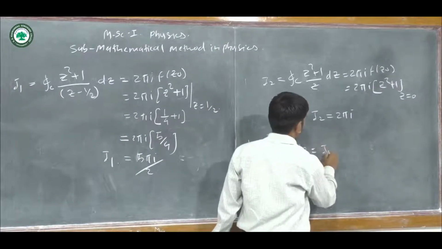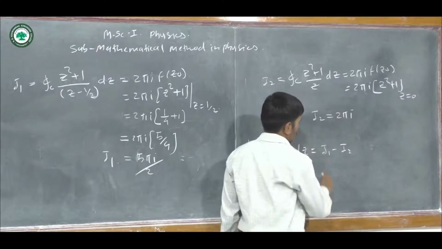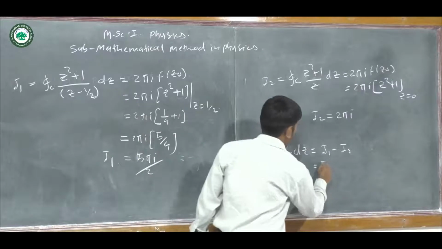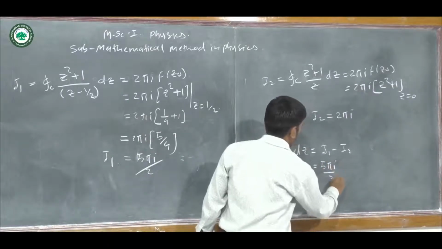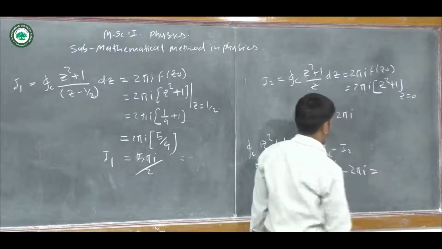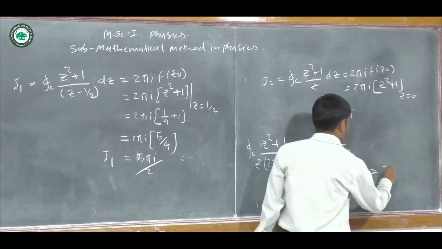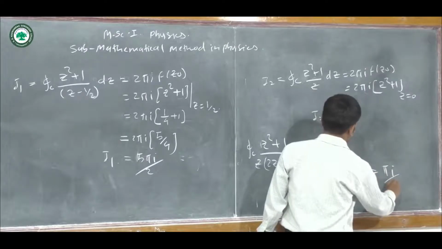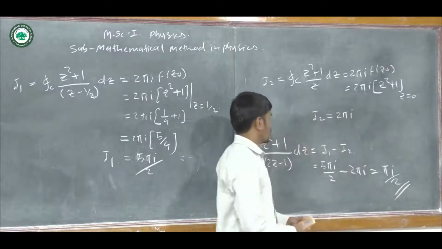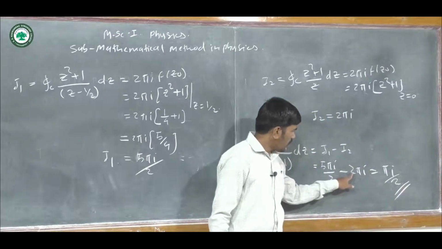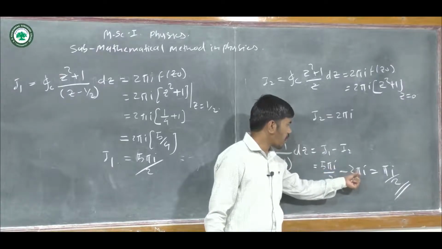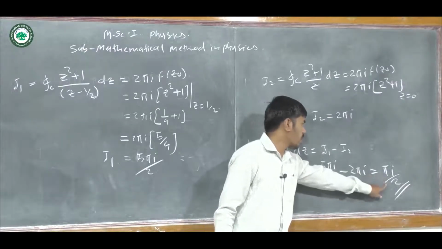So I1 minus I2 is 5 pi i by 2 minus 2 pi i, which is equal to pi i divided by 2.